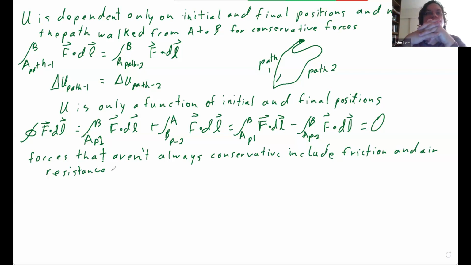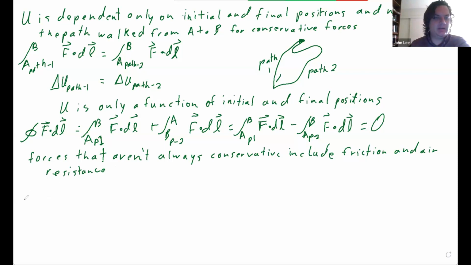No matter what path you go along, the force of air resistance or the force of friction is going to be pointing backwards along the path, which means that as you go in a circuit, it's just going to be the length of the circuit times whatever average force was being exerted over the time.